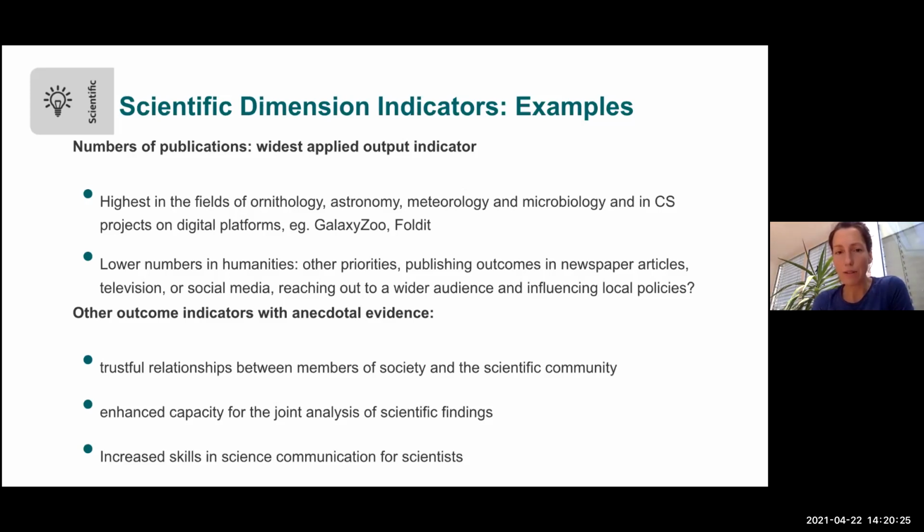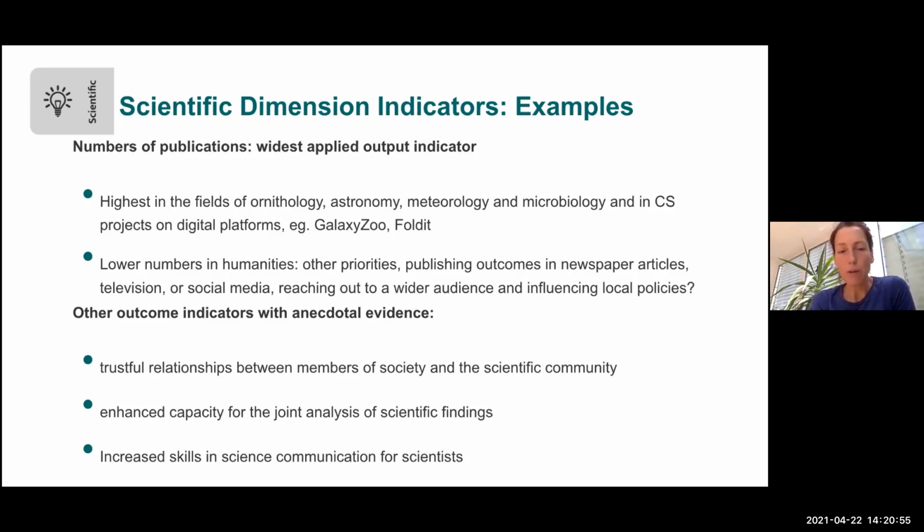result in scientific publications? And we see that this is the case, and especially in the field of the natural sciences, we find a higher number of scientific publications, like in ornithology, astronomy, but also in projects that happen on digital platforms like Galaxy Zoo, for instance.